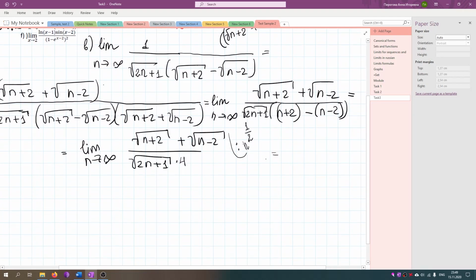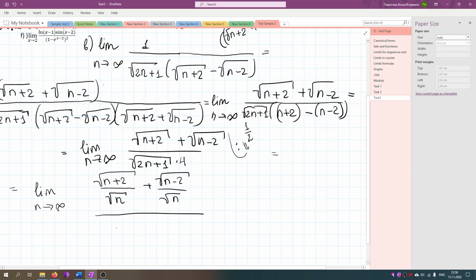So what will we get? Here we will get the square root of n plus 2 divided by n to the power of 1/2, or just the square root of n, plus the square root of n minus 2 divided by the square root of n, over 4 times n plus 1 divided by the square root of n.